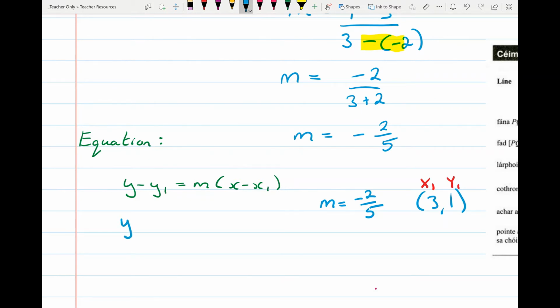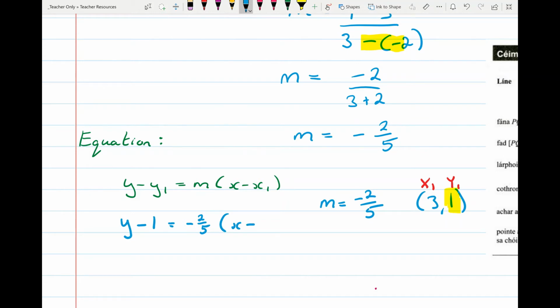y1 is a point on the line. So y1 we have labeled as 1. So y1 will be 1 equals m, our slope. Our slope is -2 over 5. For x, there is no number attached to that x, so it's not a point. So it is going to be x minus x1.